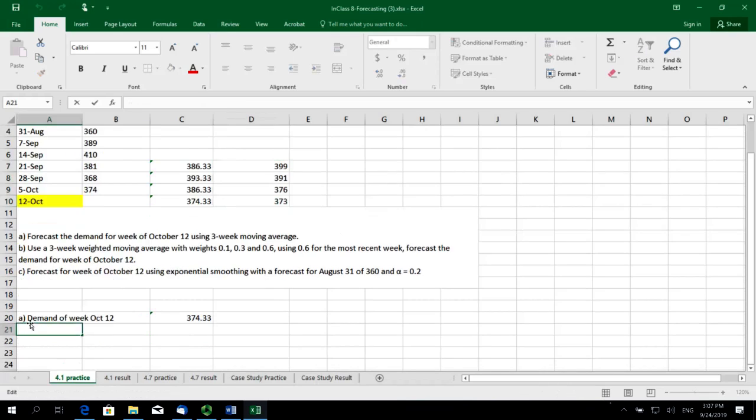So for the demand of week October 12, the weighted average equals this number. If you use the decimal point, it's just a slight difference.